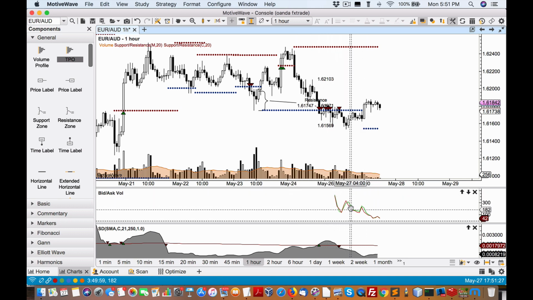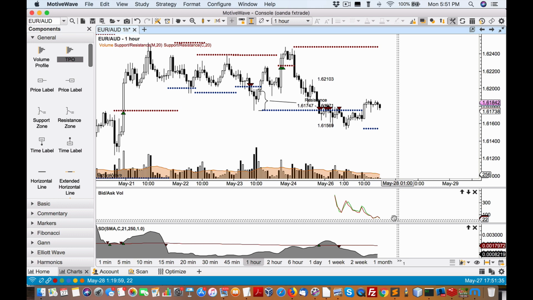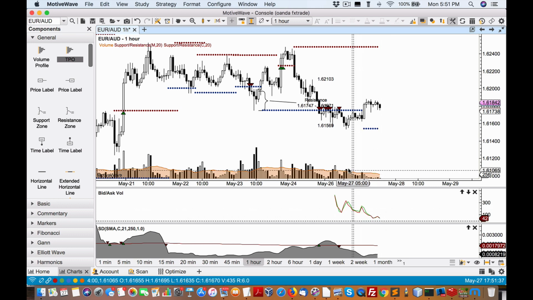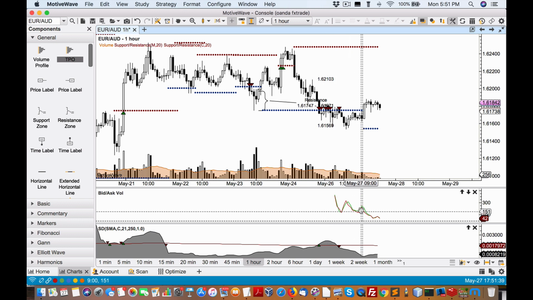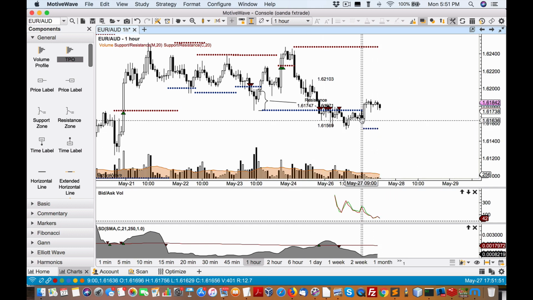What I look for here is the green is the ask, red is the bid volume. So you can see there are opportunities right here where I use this indicator, bid and ask volume, right here in real time to confirm where we're at.